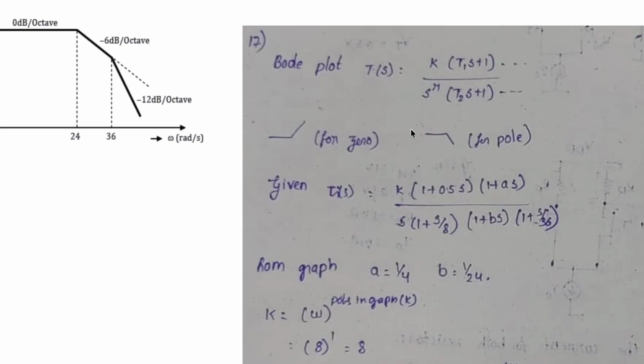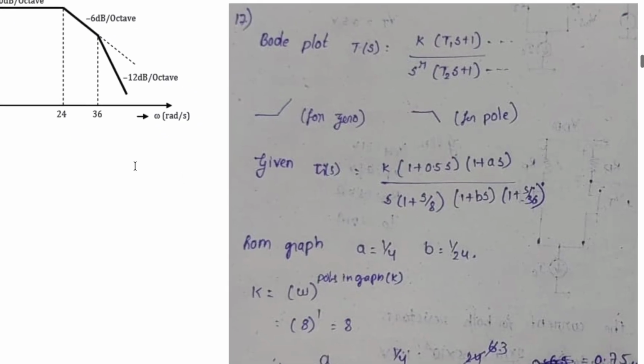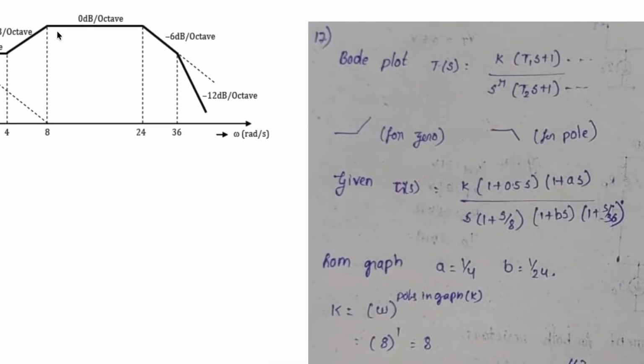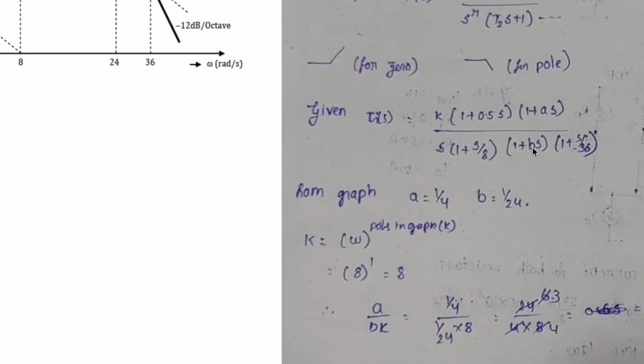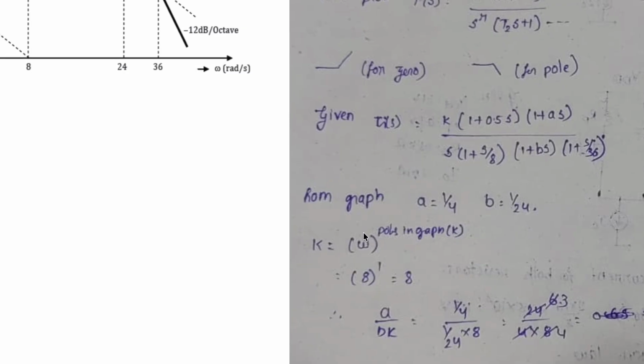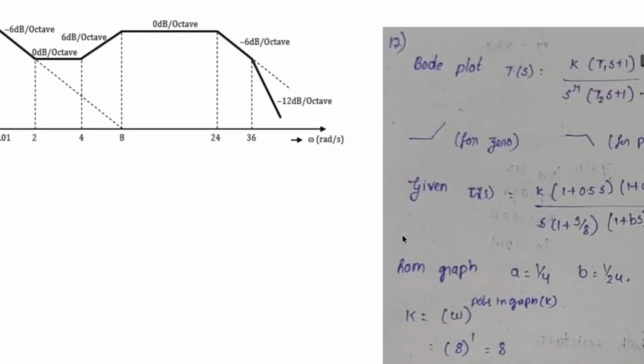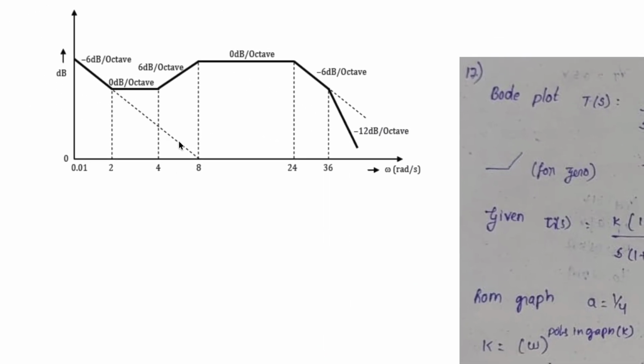By comparing this for the denominator also, where the slope is decreasing at 8, 24 and 36, and comparing the coefficients, we get A equal to 1 by 4 and B equal to 1 by 24. For calculating K, K is equal to omega to the power of the number of poles in the graph, up to where the slope is going, up to 8.